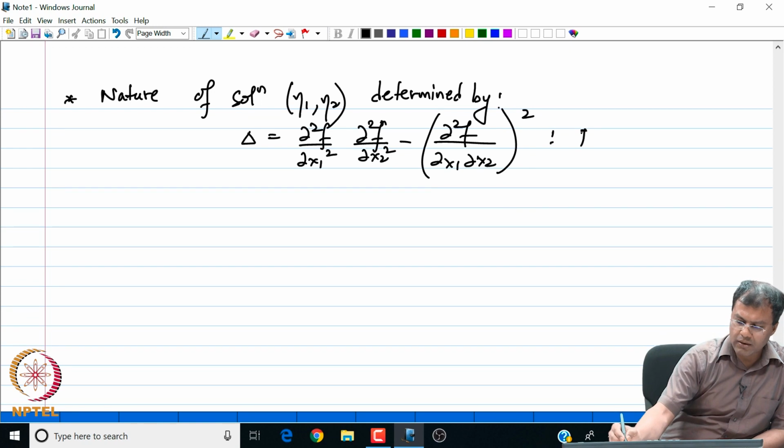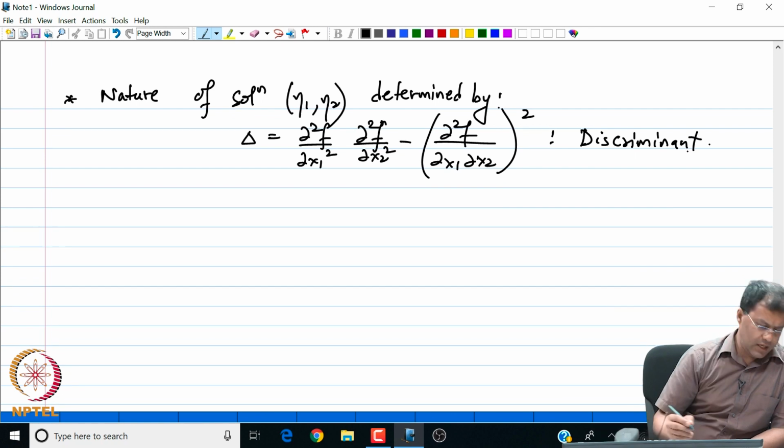I call this delta my discriminant. This is the standard quadratic equation solution theory.